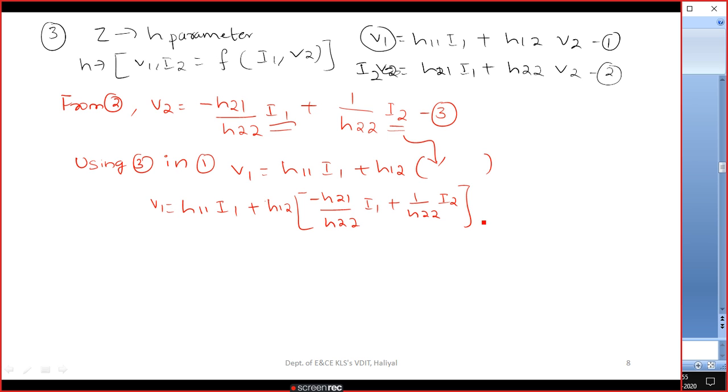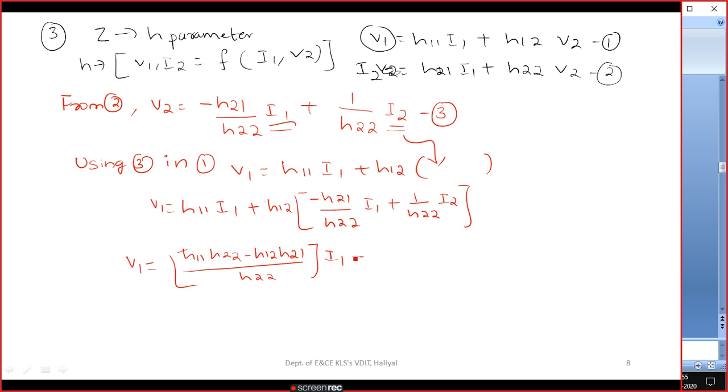If you solve it properly, let me write the equation properly. V1 will be equal to, in terms of I1, H11 H22 minus H12 into H21, whole divided by H22, times I1.